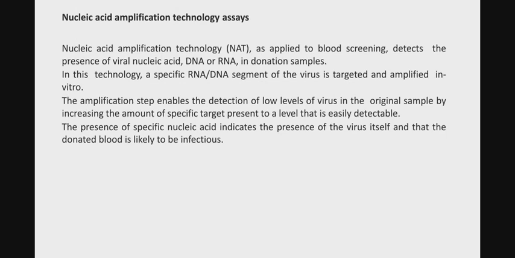The amplification step enables the detection of very low levels of virus in the original sample by increasing the amount of a specific target present to a level which is easily detectable. The presence of specific nucleic acid indicates the presence of the virus itself and that the donated blood is likely to be infectious. This is a very sensitive test, but again, it's very costly.